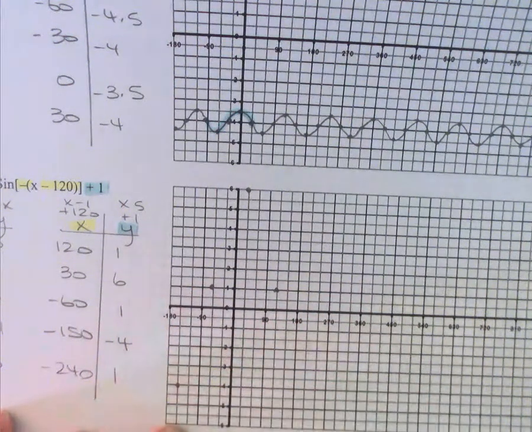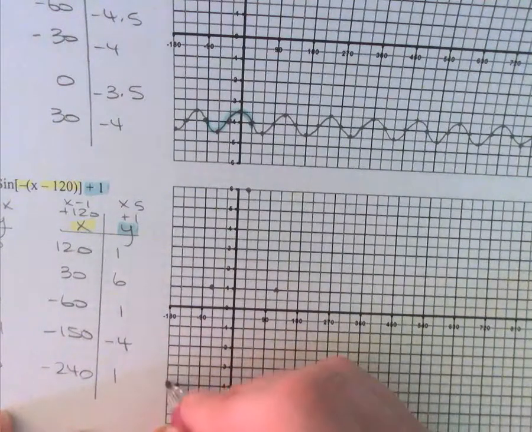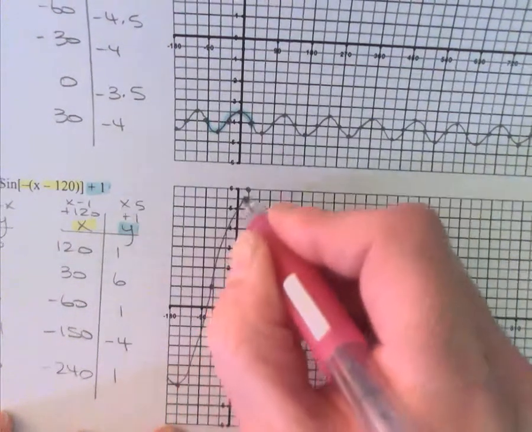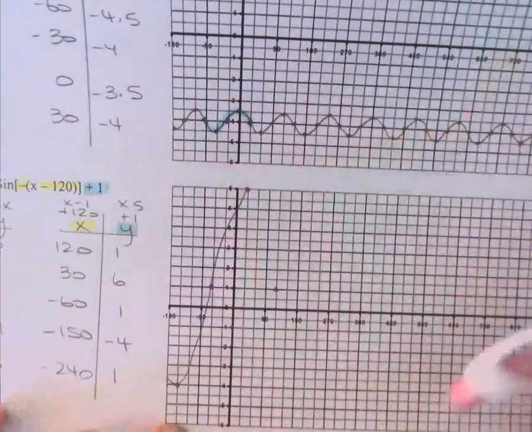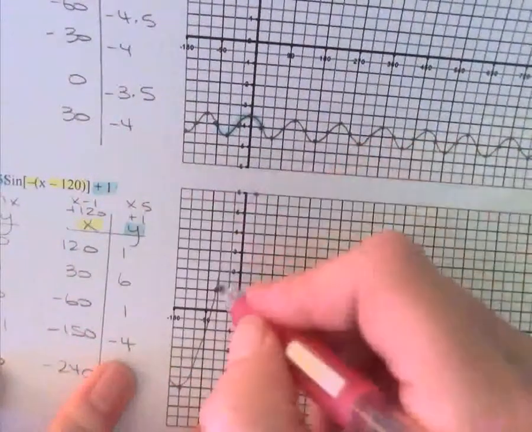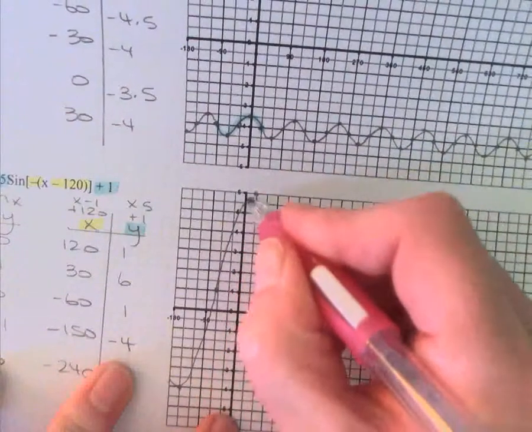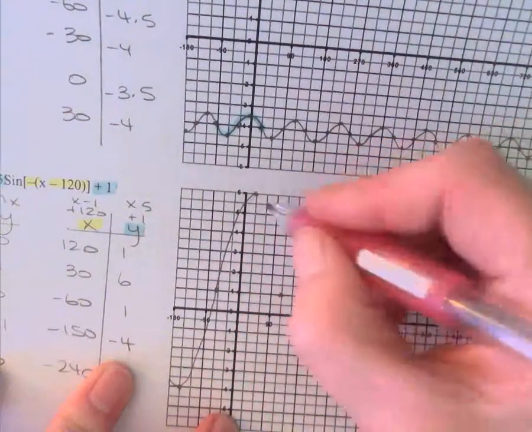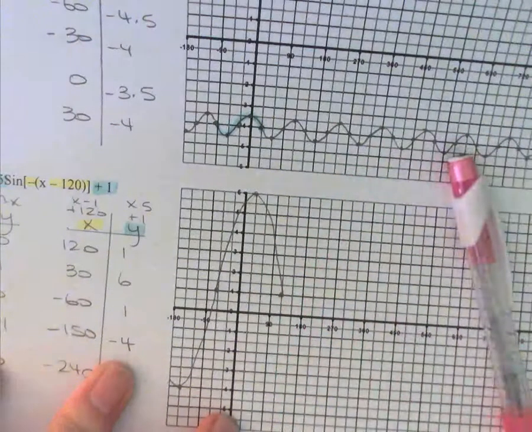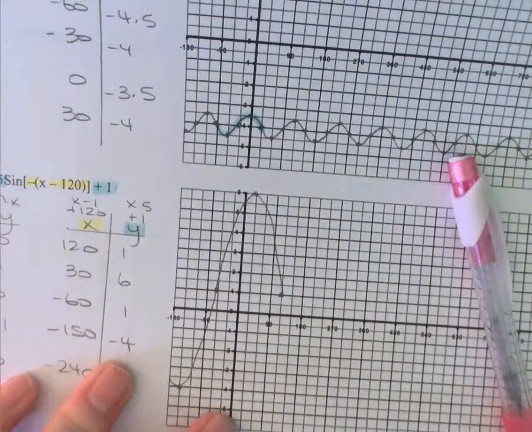And I'm not going to be able to do the last one. The graph isn't wide enough, but I know it's going there.